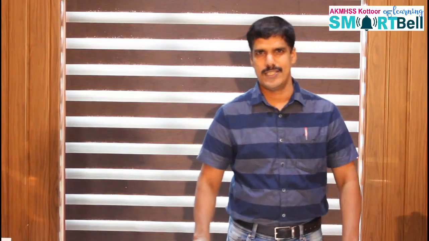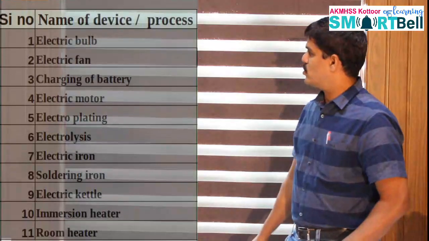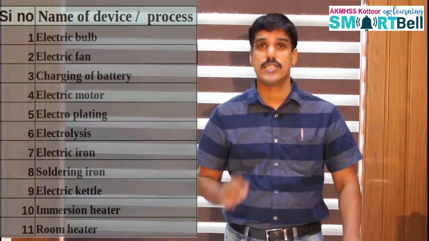In that way we can write electrical. Now going to another process that you also studied in 8th standard chemistry, electrolysis: the process of splitting a substance into its constituent components, that we call electrolysis.